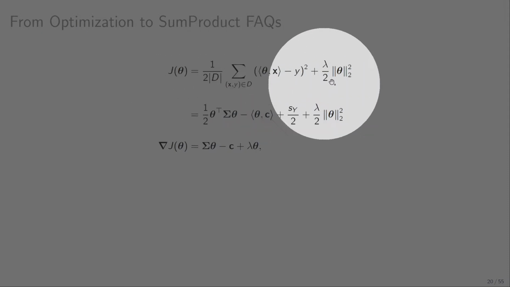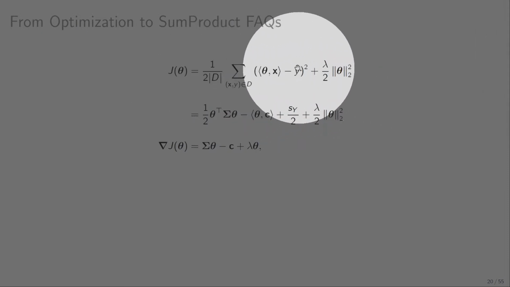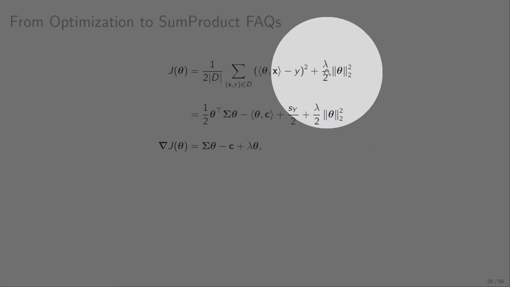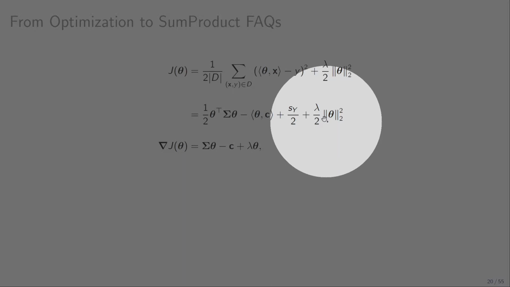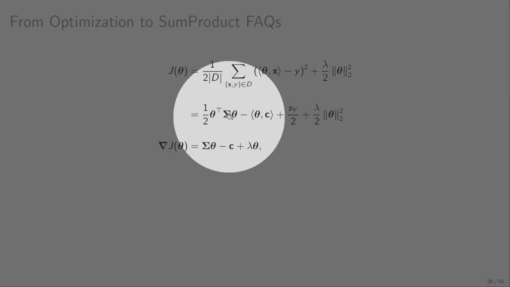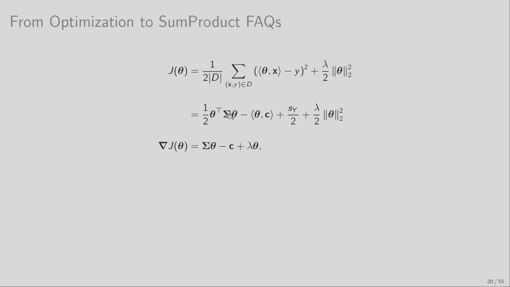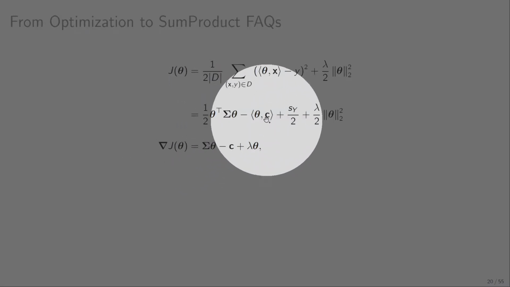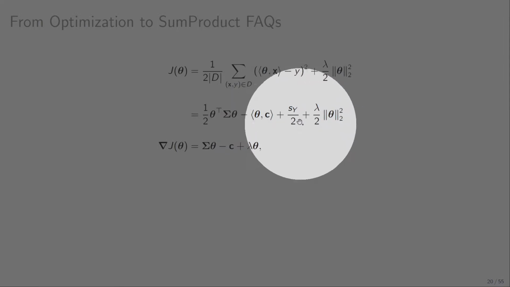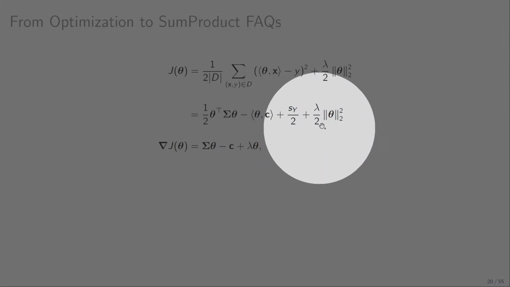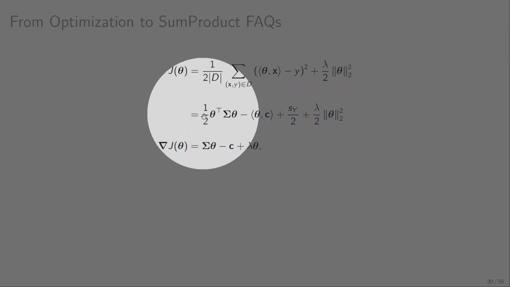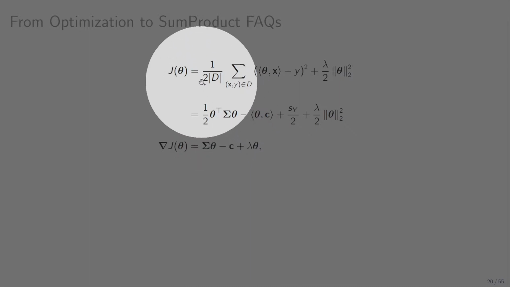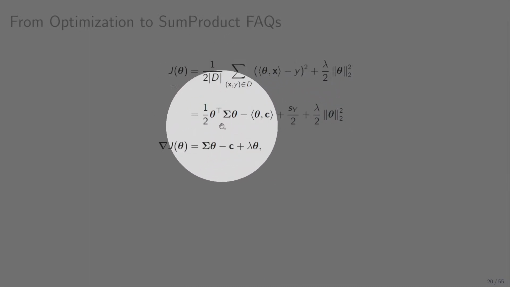This j, which is stated here, which is the original square loss function, yeah? Square loss plus the L2 regularizer, can be written like this, right? Where sigma would depend on the data, theta does not depend on the data, C would depend on the data, and this would be some parts which will not depend on the data. And if you believe that this is true, and I can show you now on the board, then if you take the gradient of this with respect to theta, you will just get directly this.